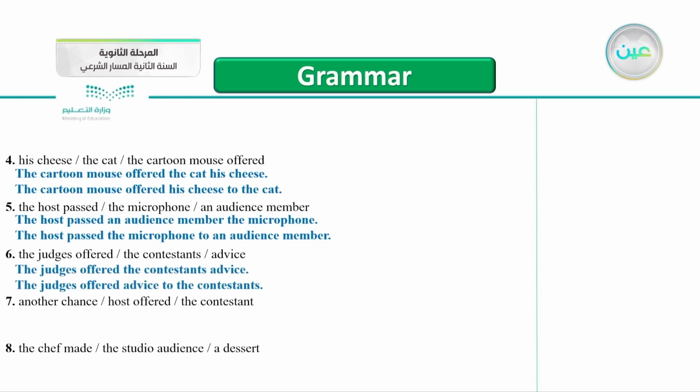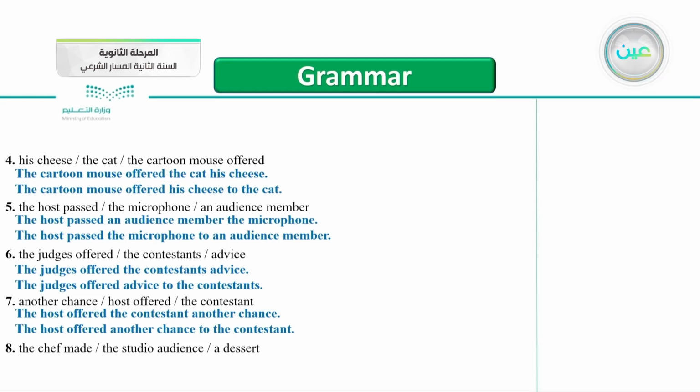Very good. The judges offered the contestant advice. The judges offered advice to the contestants. Another chance, host offered the contestant. This is number 7. Very good. The host offered the contestant another chance. The host offered another chance to the contestant. It's similar as number 6.